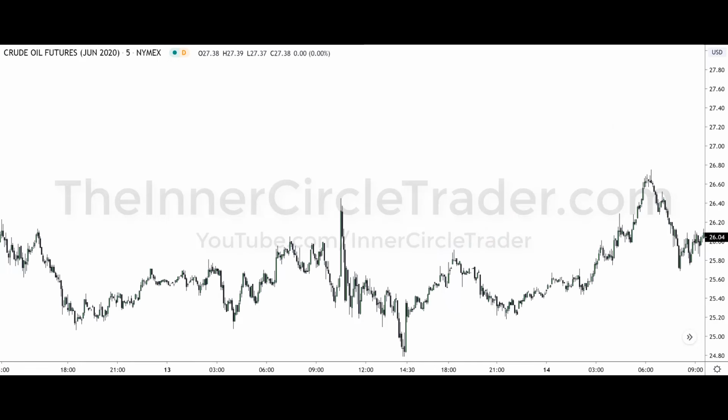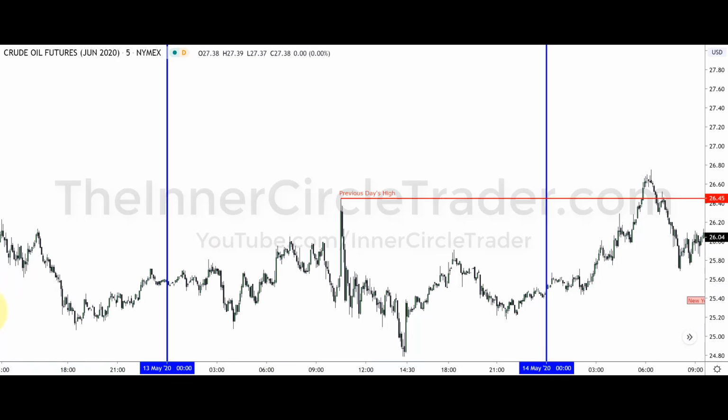All right, here is our 5-minute chart on the crude oil June delivery contract for 2020. We're going to put a little bit of lipstick on this, and we have the previous day's high here, the daily delineations. This is the 14th, the day of this recording. You can see that we did run the previous day's high here, but it was done in a very shallow capacity.